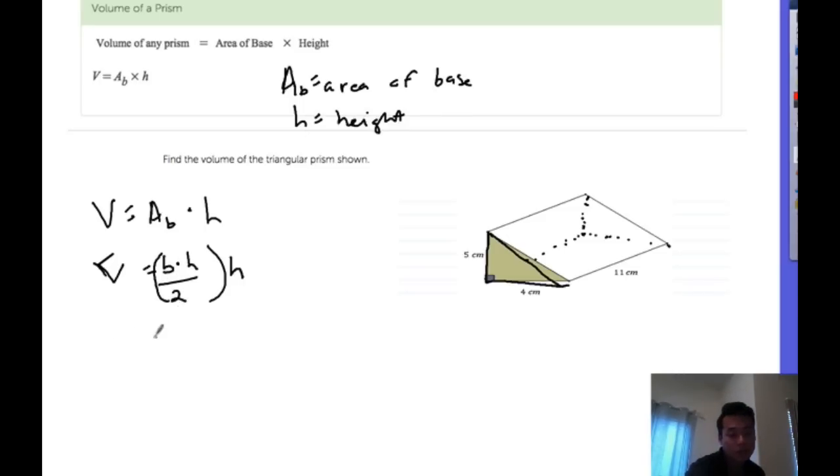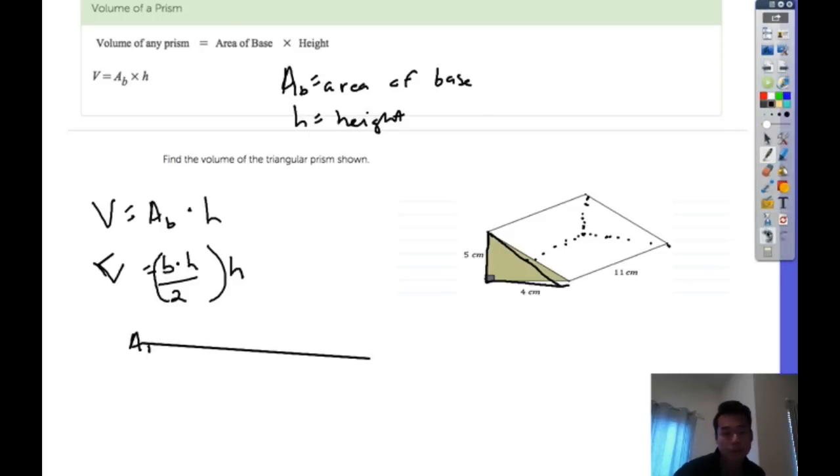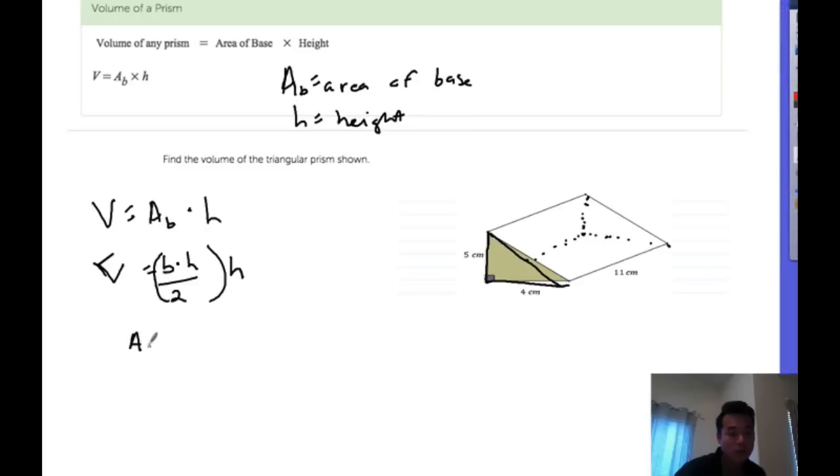So let's find the area of the triangle first. Area of triangle is equal to base times height divided by 2, which is, in this case, the height is 5.